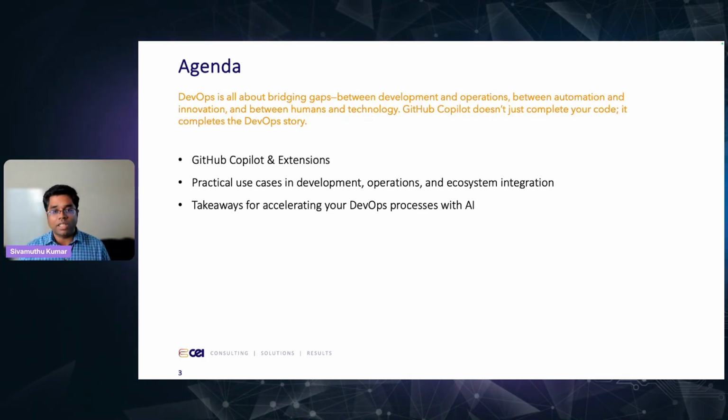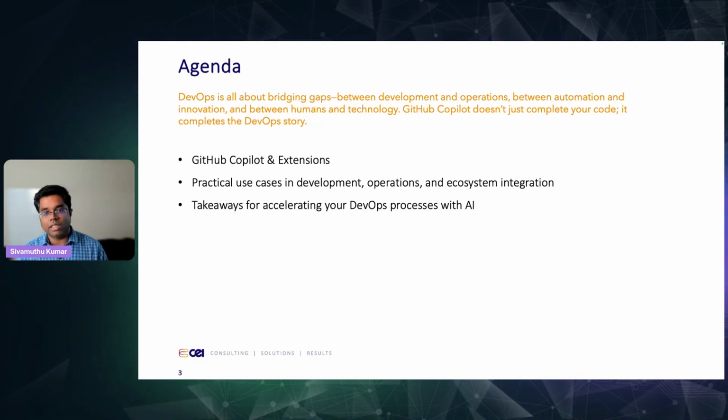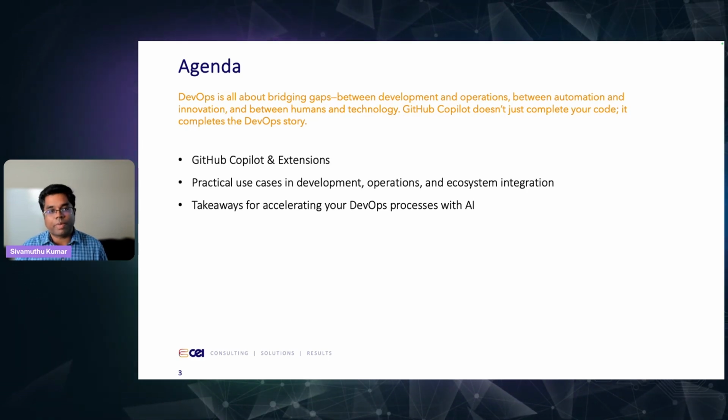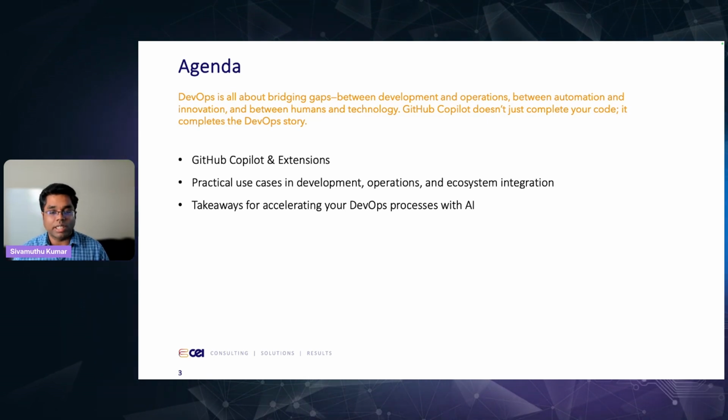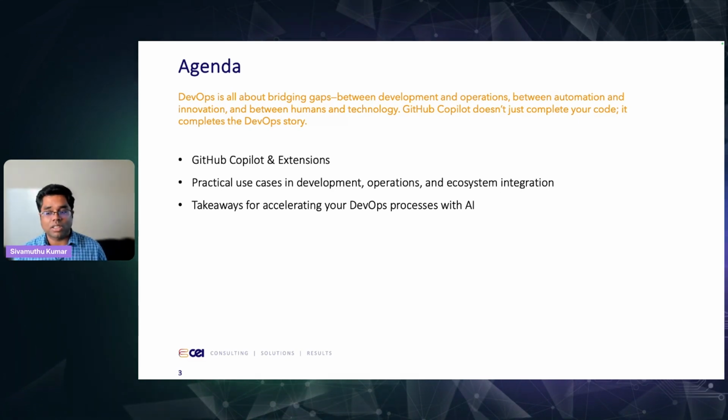You might have already seen the Octopus Deploy Copilot extension demo yesterday. I'm going to cover that, and then take it to the next level on how you can build your own extension, and what other practical use cases you can achieve using the GitHub Copilot extension, right? And finally, your takeaways for accelerating your DevOps process with AI.